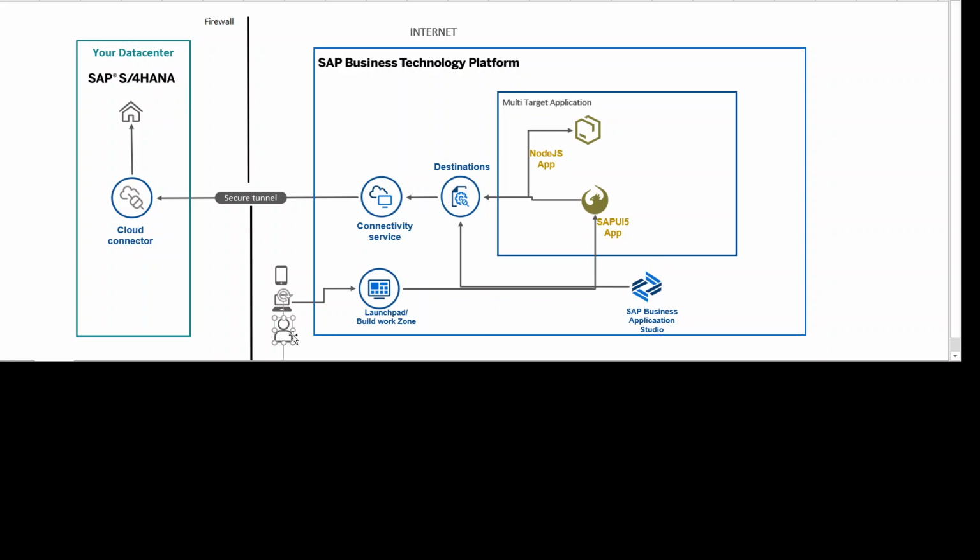If a user logs in to SAP BTP and wants to communicate to the S4 system, then his user details must go to the destination. The destination should then forward it to the cloud connector, and the cloud connector will forward it to the SAP cloud connector hosted in the system, and that will propagate to the S4 system.